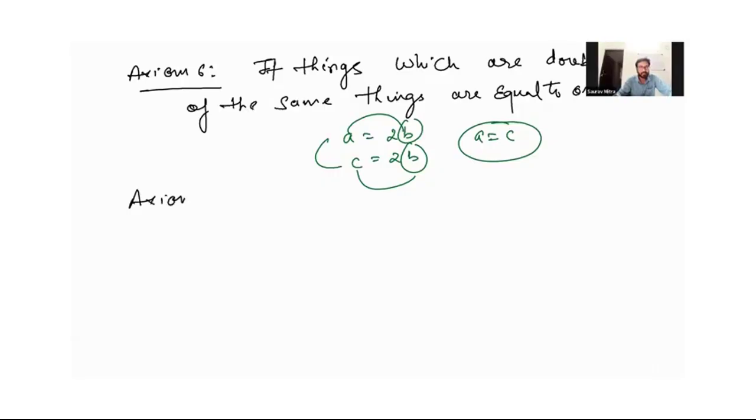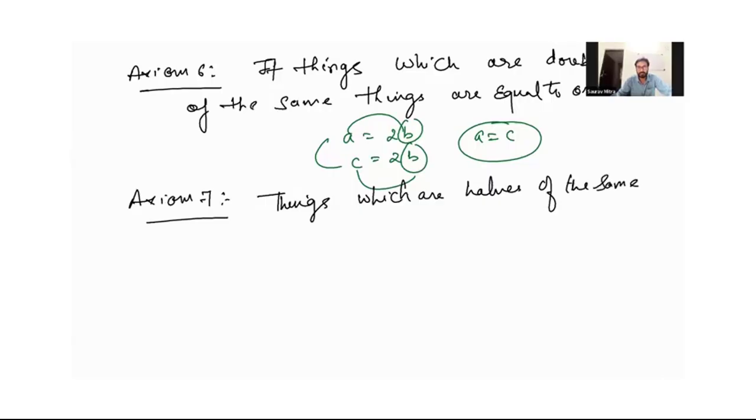Final axiom, it is your axiom 7. It says that things which are halves of the same things are equal to one another.